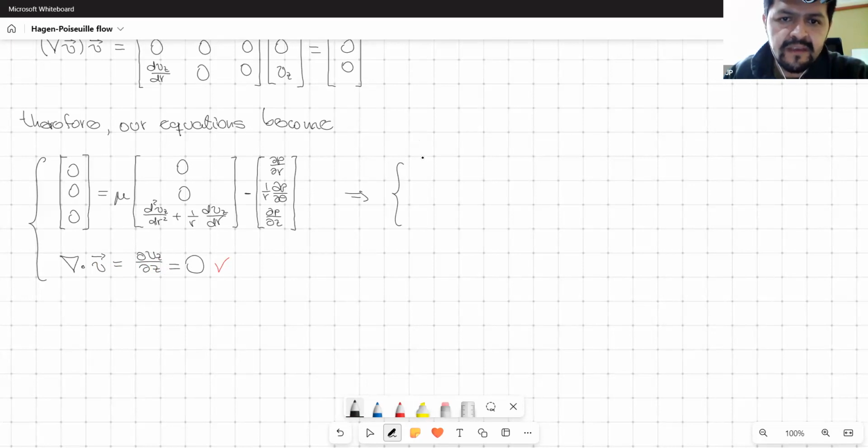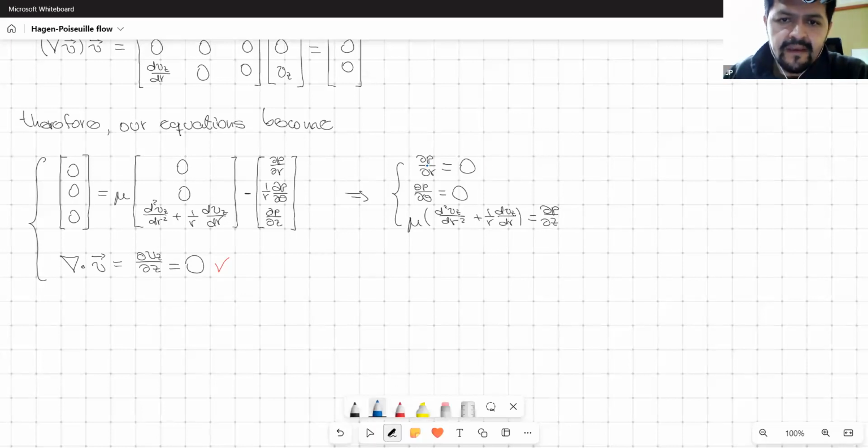So this could be essentially the pressure derivative with respect to r, the derivative of the pressure with respect to theta, and the last one that says mu times the second derivative of the velocity plus this term that comes from the cylindrical coordinate system. That should be equal to the pressure gradient with respect to z.